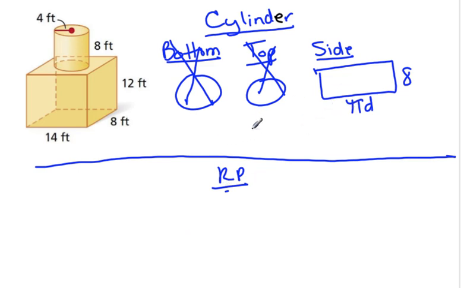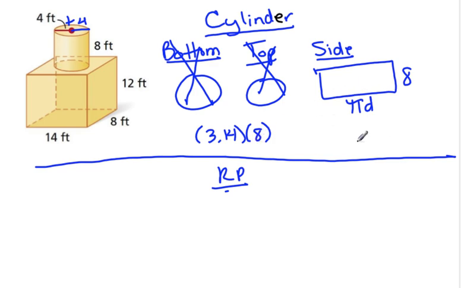So pi d is 3.14 times the diameter. If 4 is halfway across, to go all the way would be another 4, and 4 plus 4 is 8. And pi d times 8, or 3.14 times 8, is 25.12.